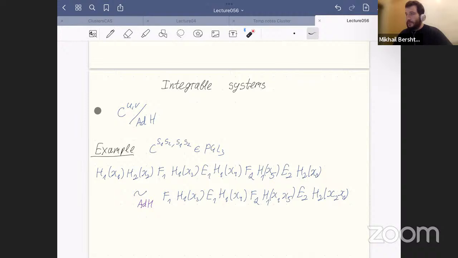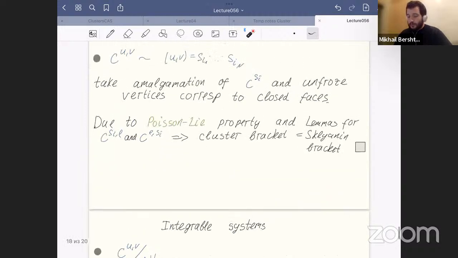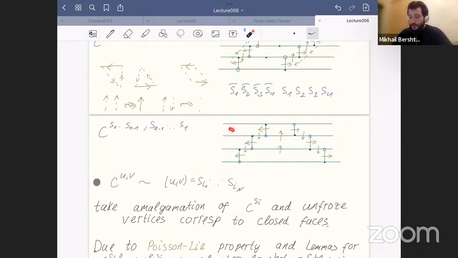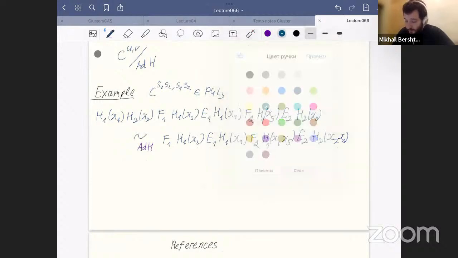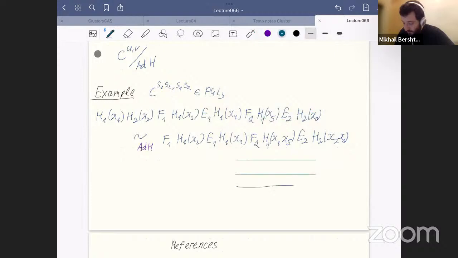So it means that this quotient has a natural cluster structure, which is obtained by gluing of vertices which we have on the left and the right of our diagram. So here, what I wrote F1, E1, F2, E2.